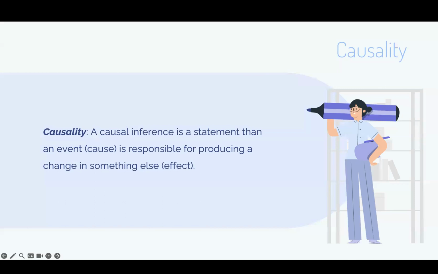Consider this statement: increased social support leads to better mental health outcome. So here, the increase in social support is considered as the cause, and the improvement in mental health is the effect. When we talk about causal inference, we are making a claim that an event, the cause, is responsible for producing a change in another event, the effect.